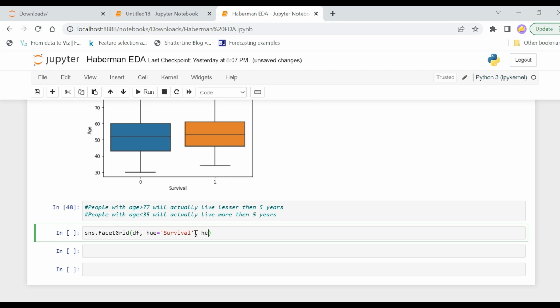Then I can use height as 6, 7. Height is whatever you want to choose, and I want to map it with the hist plot.